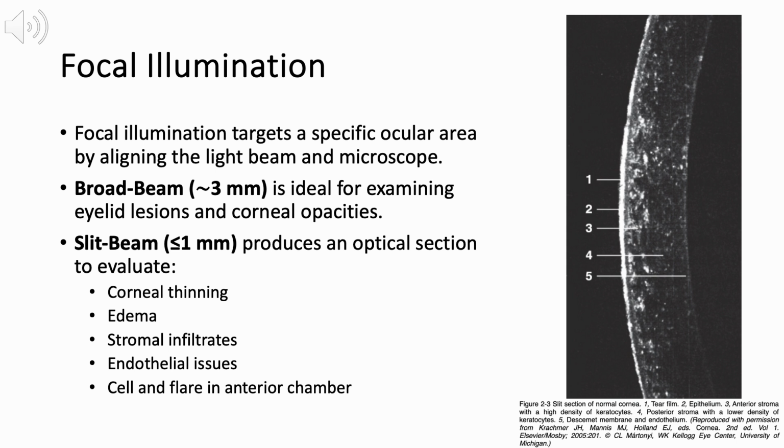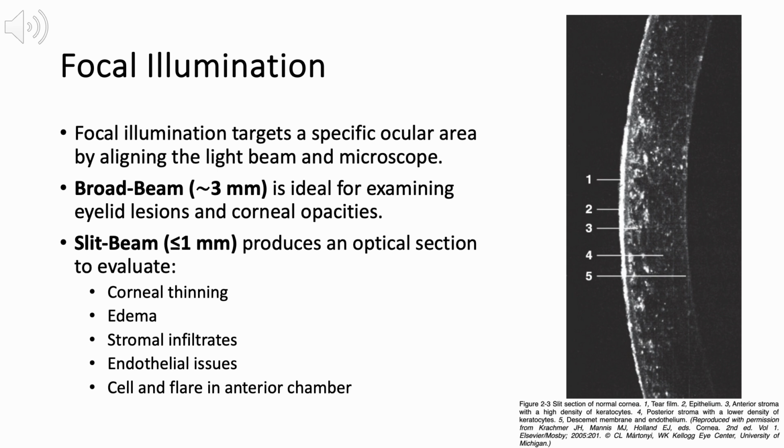Focal illumination involves aligning the slit lamp light beam and microscope to concentrate on a specific ocular structure. A broad beam, approximately 3 millimeters wide, is well suited for examining eyelid lesions and corneal opacities, offering a wide illuminated field.